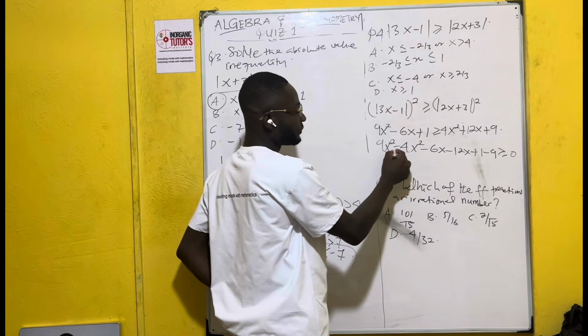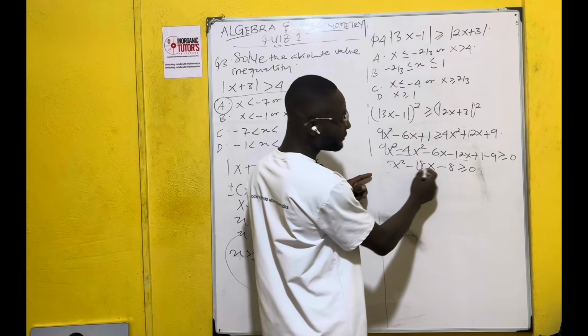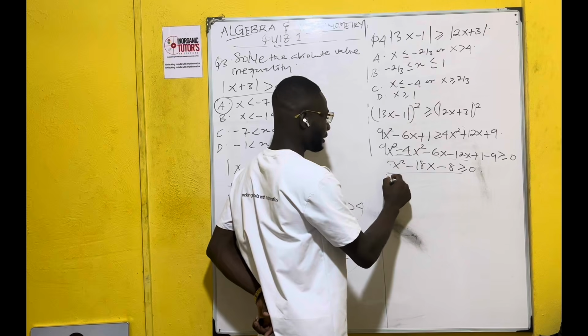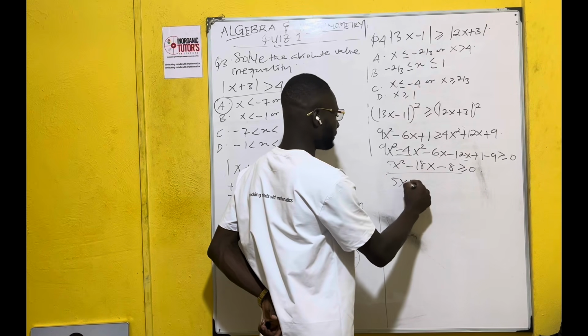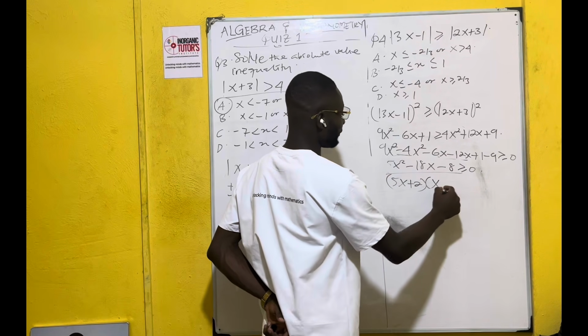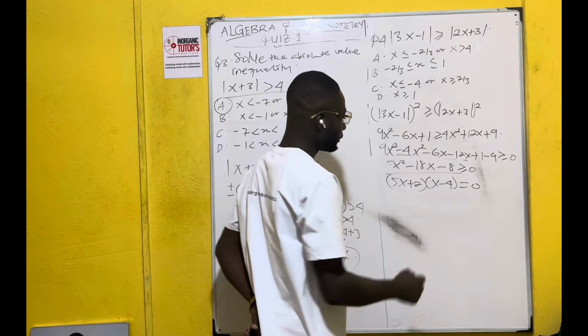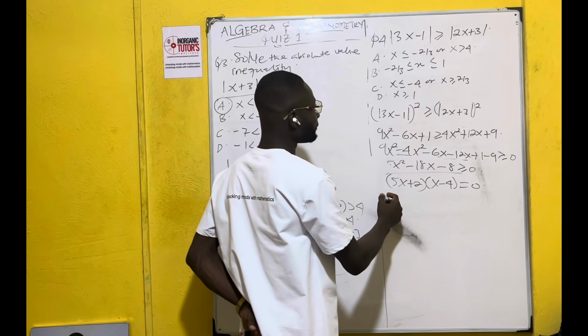If you solve this very well and factorize it, you have 5x plus 2 and x minus 4 equal to 0.